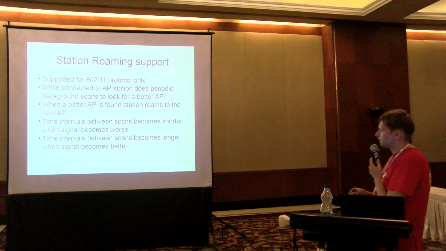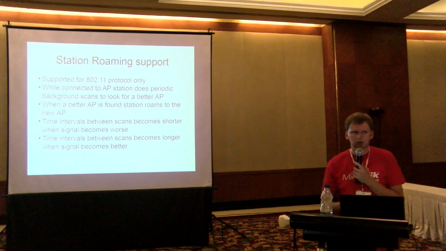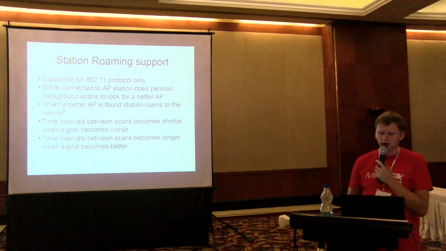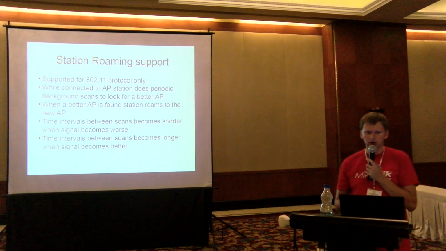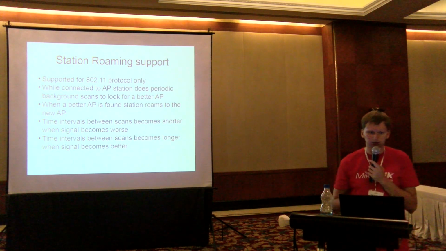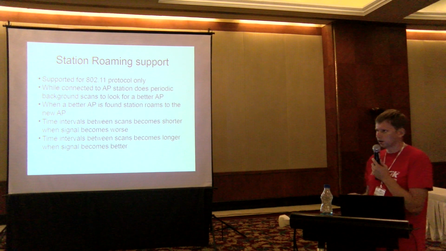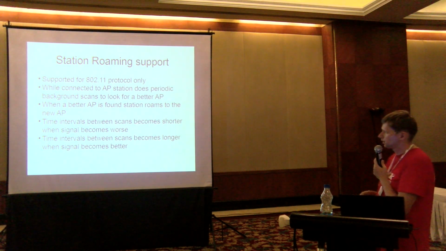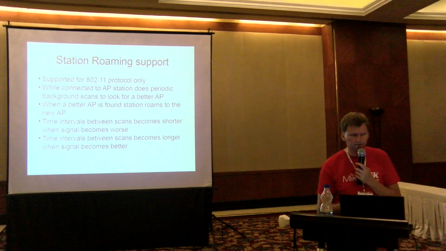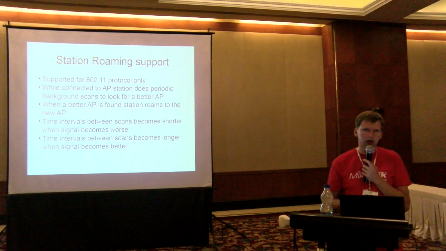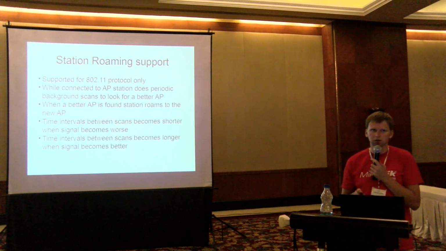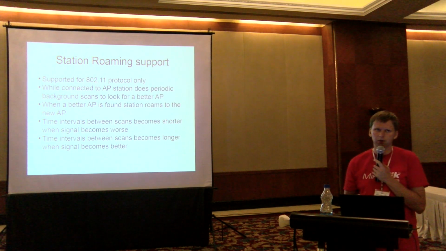While connected to the AP, the client automatically checks if there's a nearby AP that has a better signal, and if a better signal is found, it will automatically roam to that one. We also have dynamic algorithms that check if the signal is very good. Then the checking for the AP will be less frequent, but if the signal gets worse, we'll do more aggressive scanning and look for a new access point.